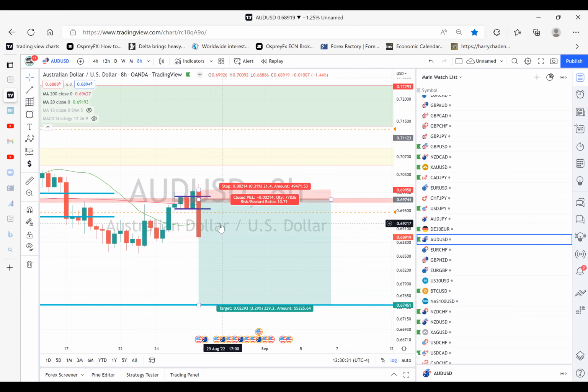Because you want to sell, you don't want to buy. I'm going to buy it when the market opens, because I'm waiting for the price to come tap into this chart right here.